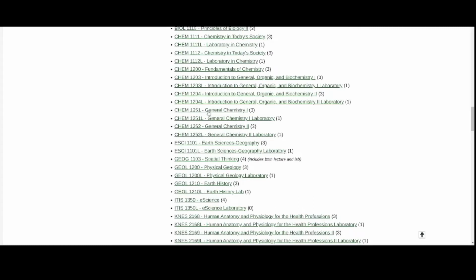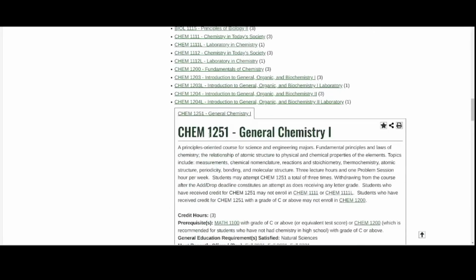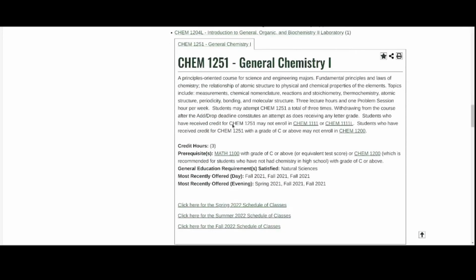Suppose I want to take general chemistry for my lab science requirement. I am going to look it up and see that it has prerequisites of college algebra or Chem 1200.